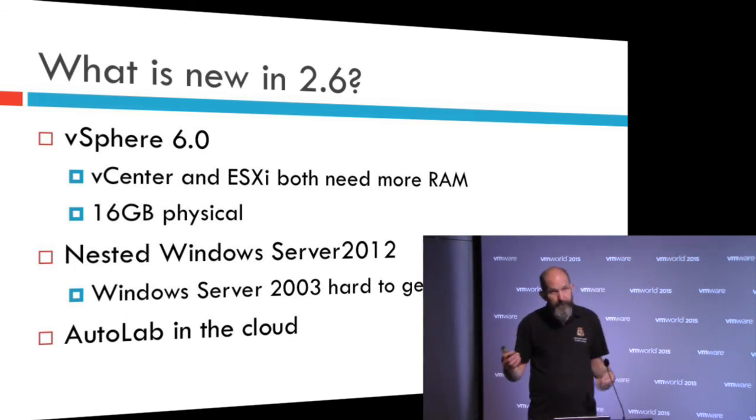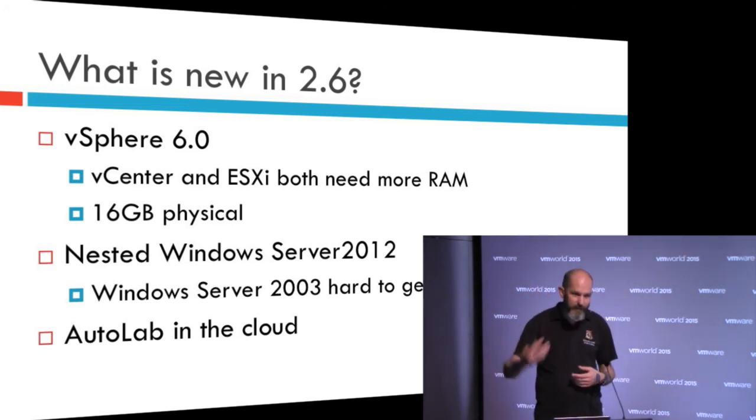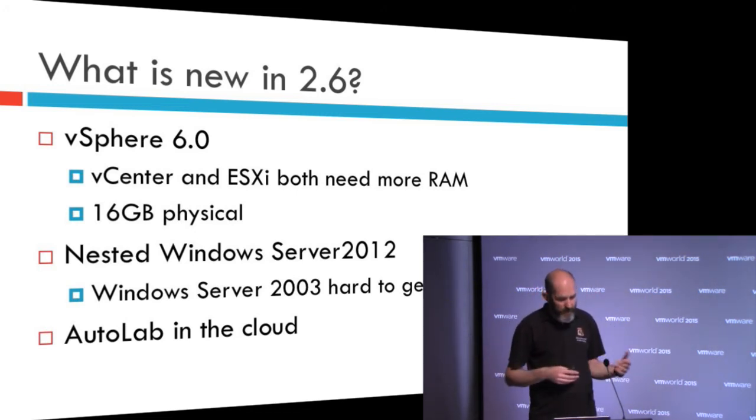Another thing that I found out of the deployment, I've got a changelog file in the build folder, and I realized, yes, I had added support for having Windows Server 2012 as the nested VM. Back on version 2.0, Windows Server 2012 was the standard platform for all of the Windows servers.